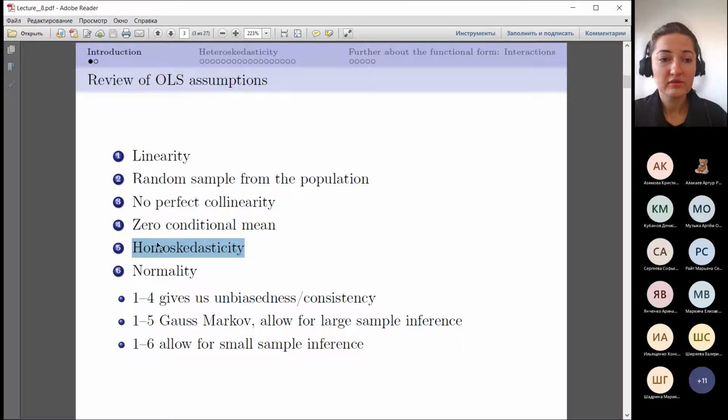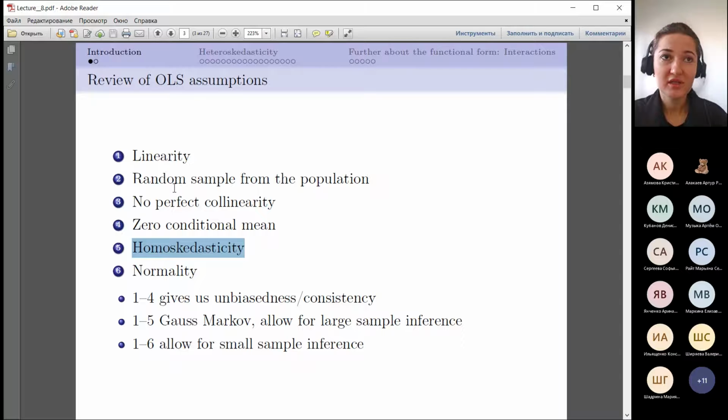So you can conclude, even from this slide, that the heteroscedasticity problem, the situation when you fail to hold homoscedasticity, doesn't lead to bias or inconsistency of your estimators.